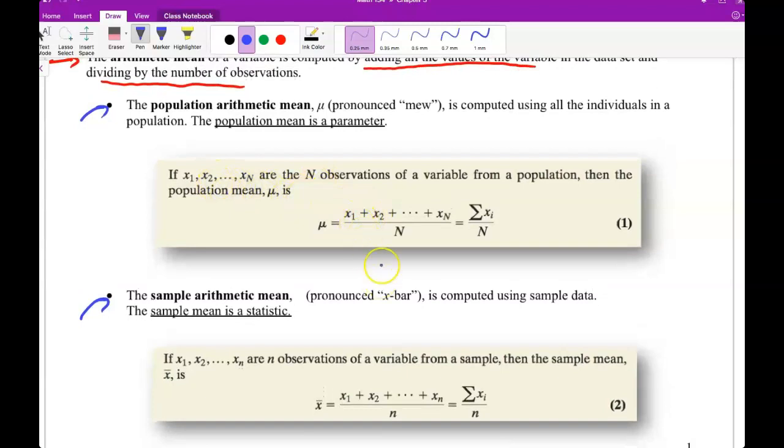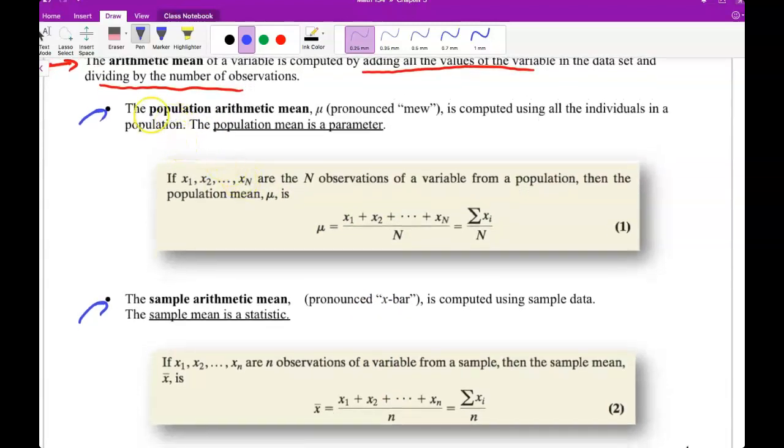The formula is exactly the same, but on your problems you'll have an example for population and one for sample. Just make sure that for sample you choose x bar and for population mu.